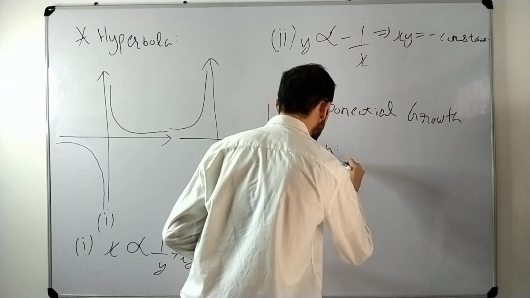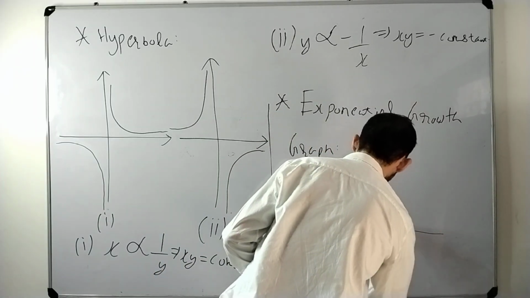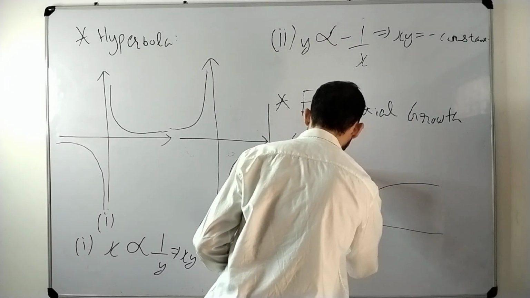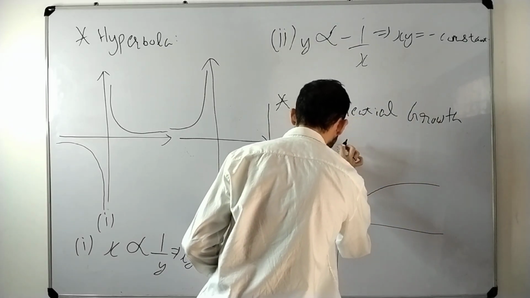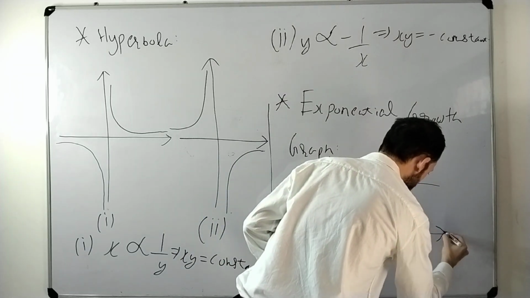Now notice, this is exponential growth that is happening on the y-axis of any quantity.